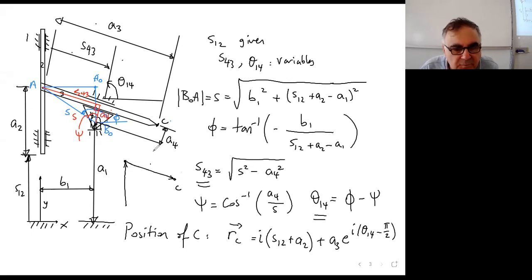Since theta 1, 4 is this angle, theta 1, 4, okay. If you subtract pi over 2 from here, you will get the angle of this thing. This thing is theta 1, 4 minus pi over 2.